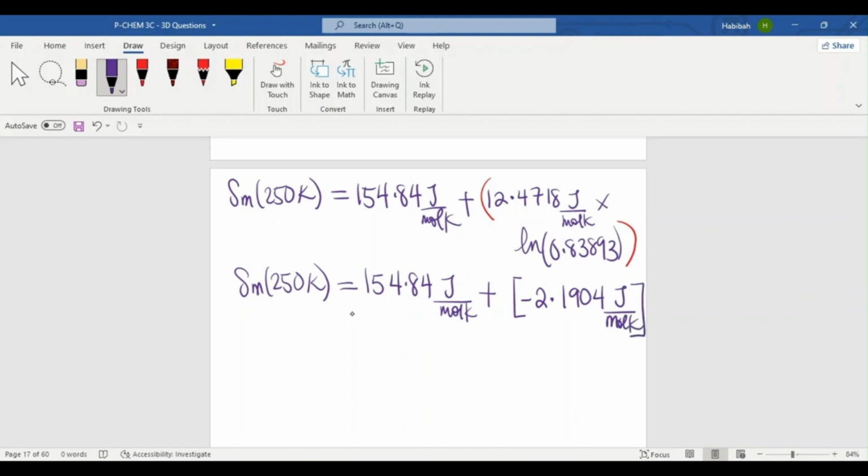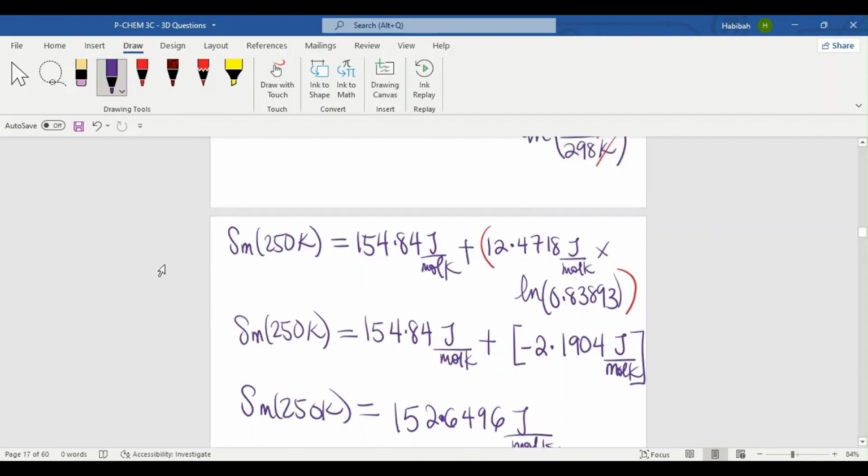So 154.84 joule per mole Kelvin minus 2.1904 joule per mole Kelvin is simply going to give you 152.6496 joule per mole Kelvin.